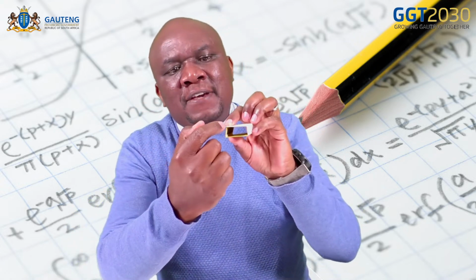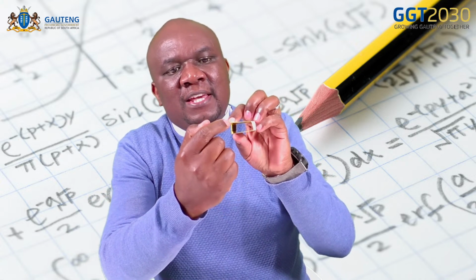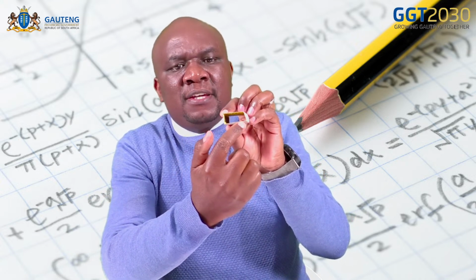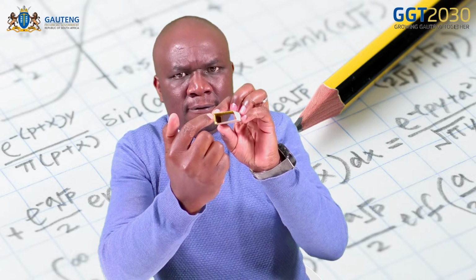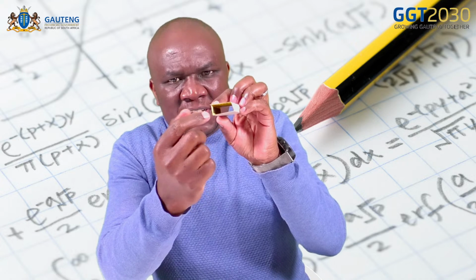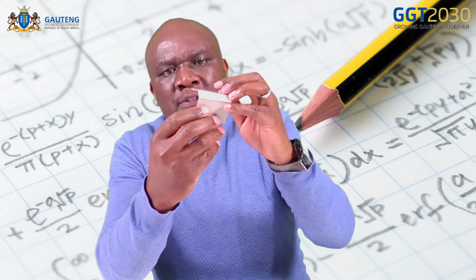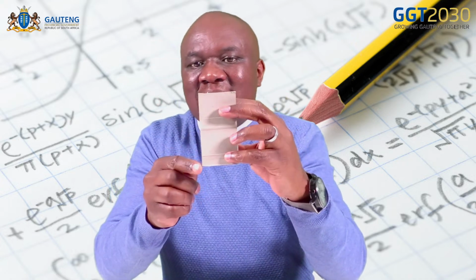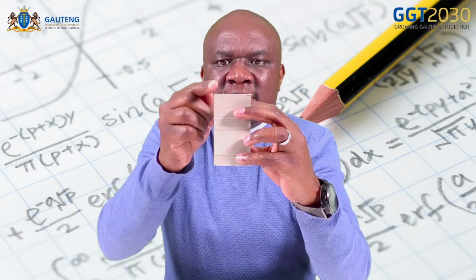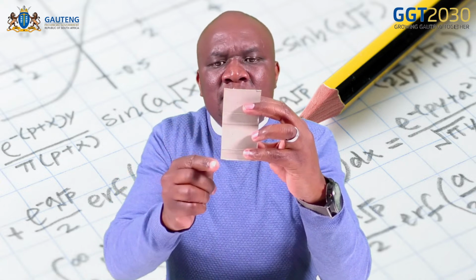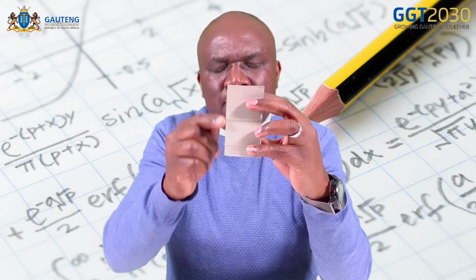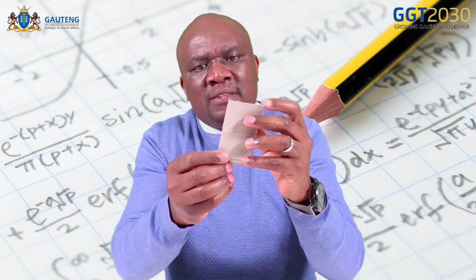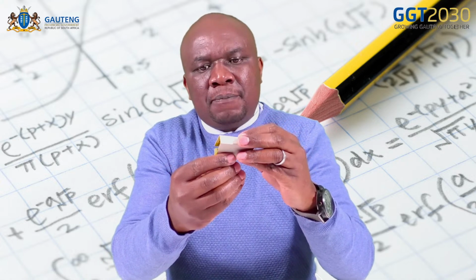Let me fold it again. We have the perimeter of the base: length plus breadth plus length plus breadth. That's the perimeter of the base. So if I open it up, the perimeter of the base becomes the length of this big rectangle. And then, what is the breadth of the big rectangle?